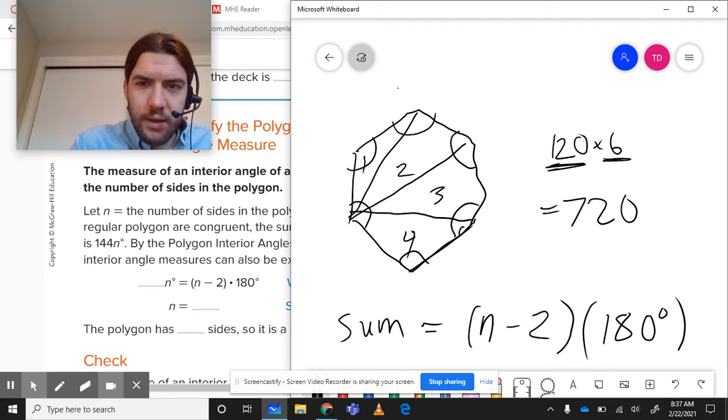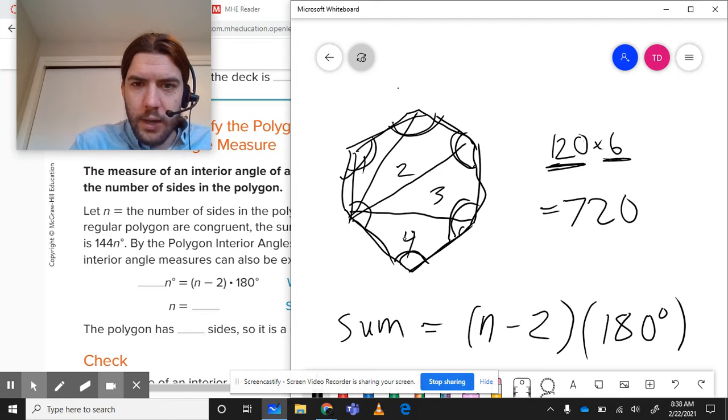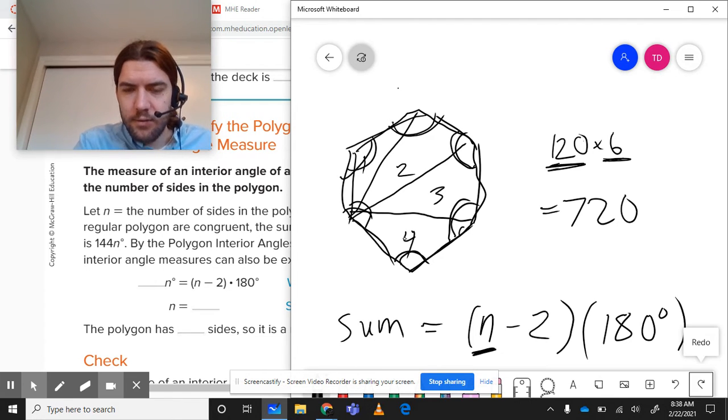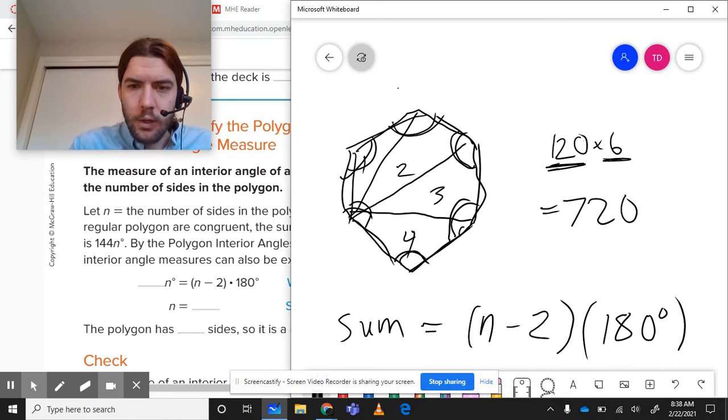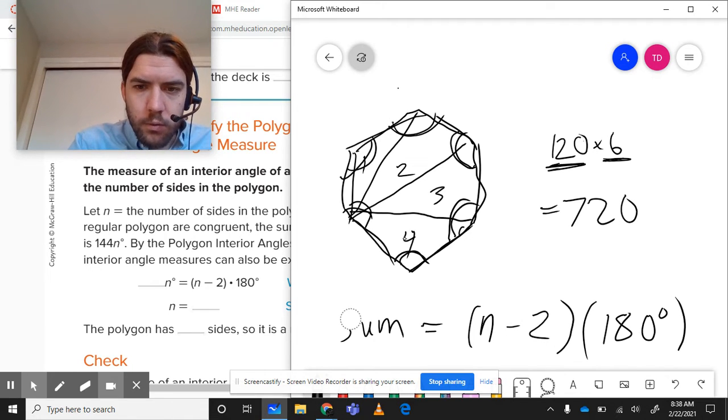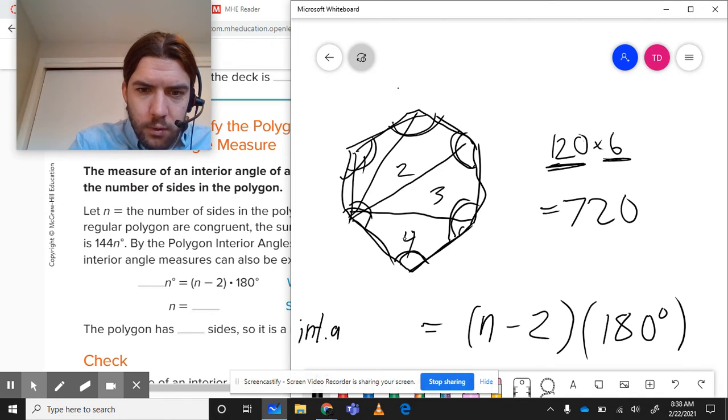Well, in a six-sided shape, if we have 6 sides, we also have 6 angles. So whatever this n is that we're going to use over here on the right side of this formula, we could also put it on the left side. I'm going to write int for interior and then the angle symbol.